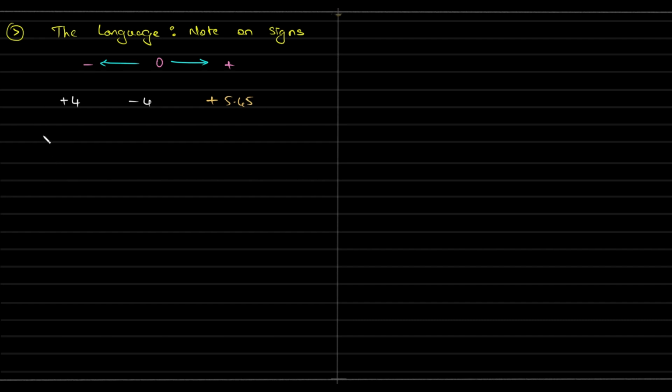We'll just make a small note over here. Sometimes people just write numbers, no sign. When they don't write any sign, it means it is a positive sign. Okay, you have your positive sign, right? So basically this means plus 4.